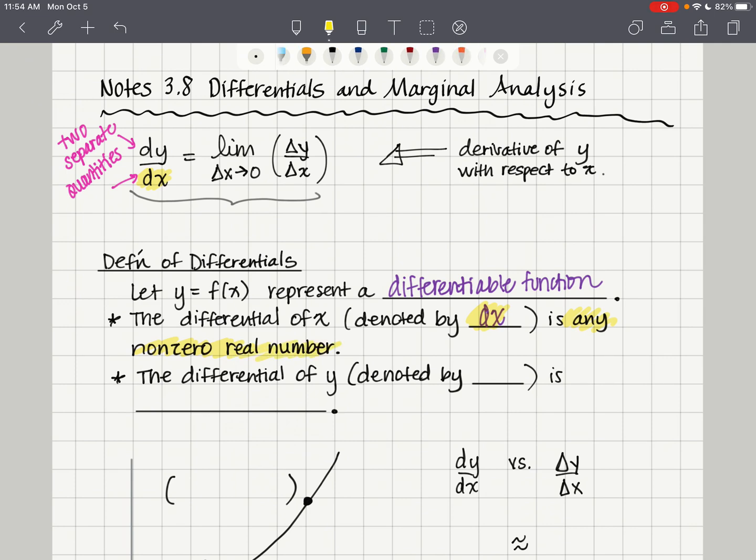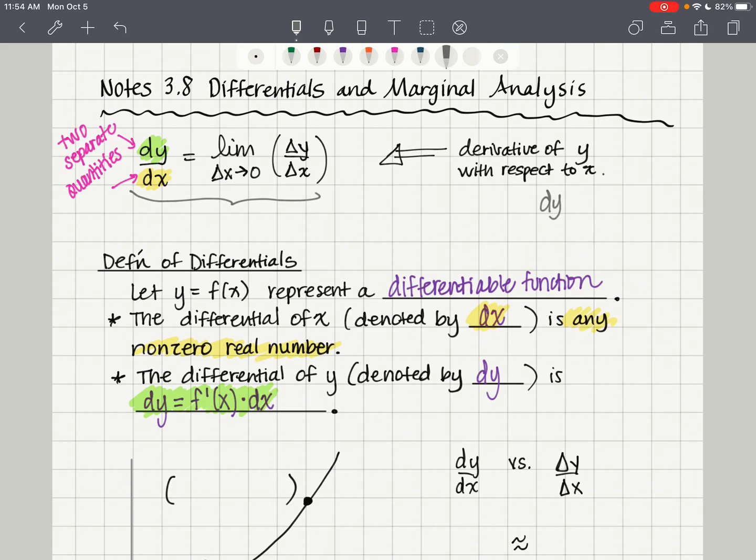And the differential of y is denoted by dy. And it is equal to the derivative times dx. Coolest thing since sliced bread. So I'm going to show you where this is coming from.